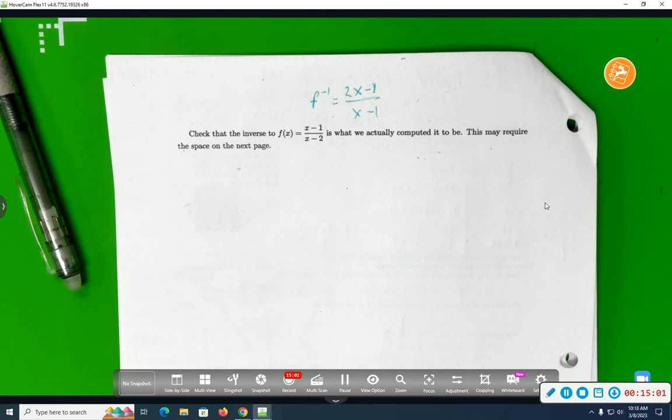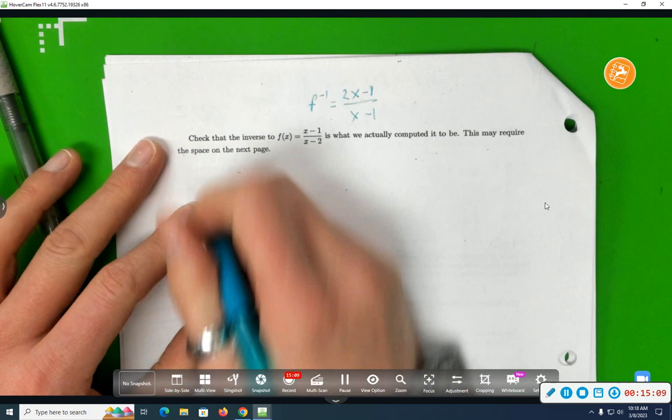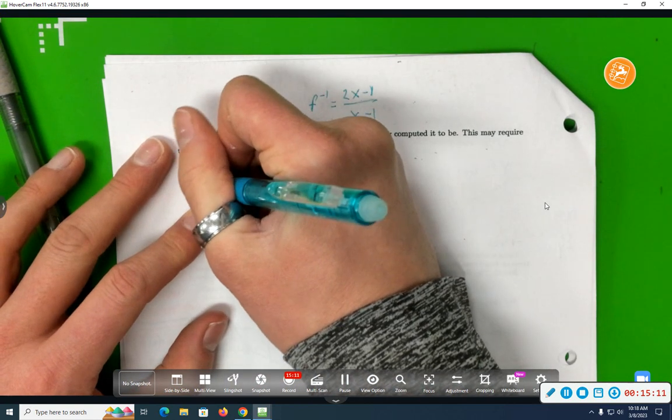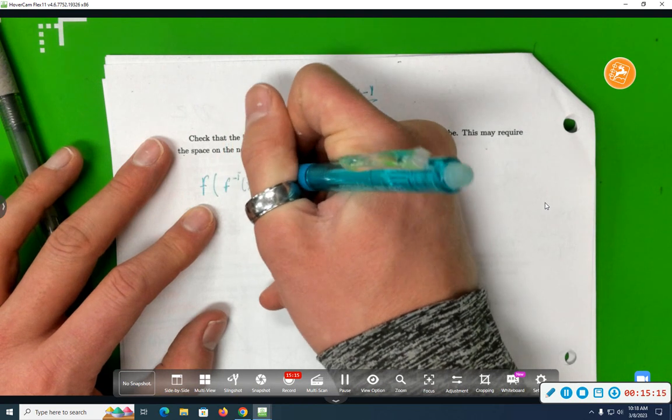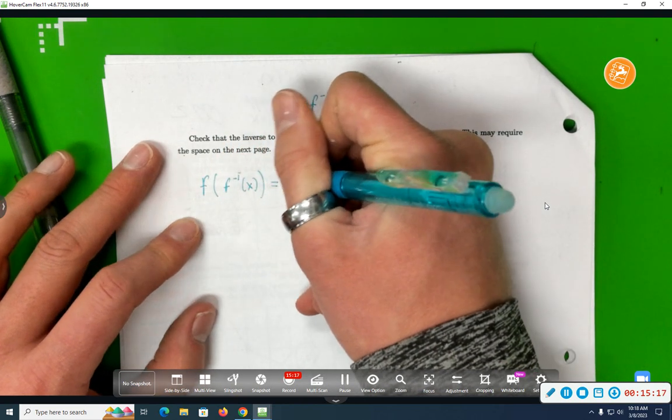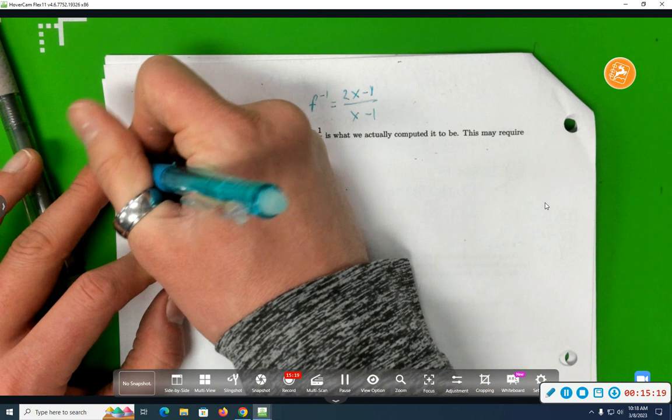Let's check that it's actually the inverse function by using the definition. To check that this is actually the inverse function, here are the things we need to compute. We need to compute f of f inverse of x. That better be equal to x.